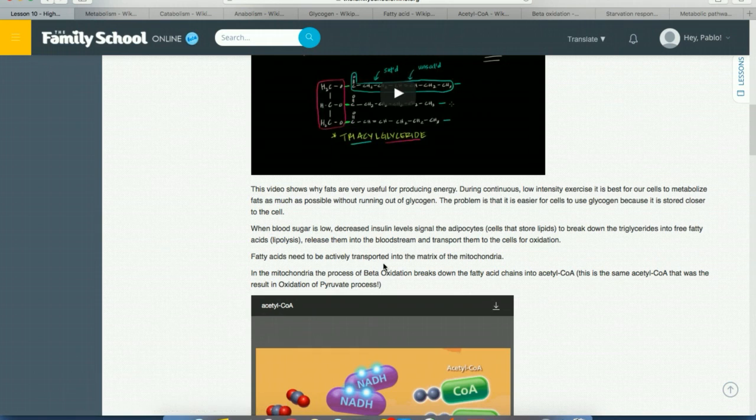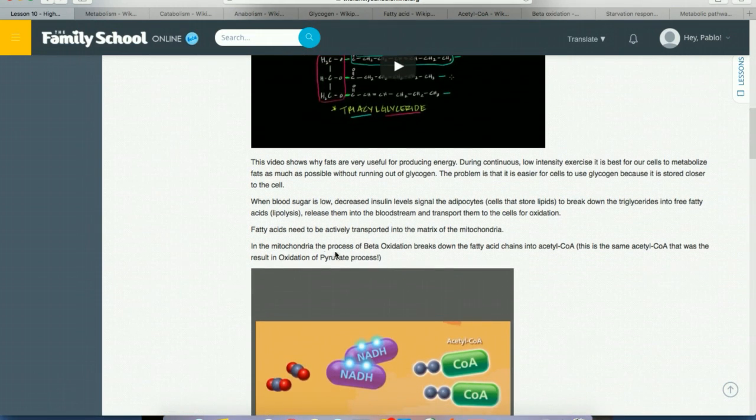We studied all that. In the mitochondria, the process of beta oxidation breaks down the fatty acid chains into acetyl-CoA. This is the same acetyl-CoA that resulted from the oxidation of pyruvate.